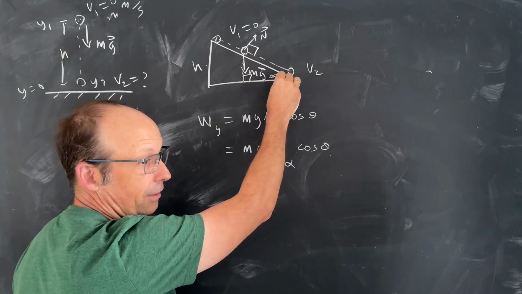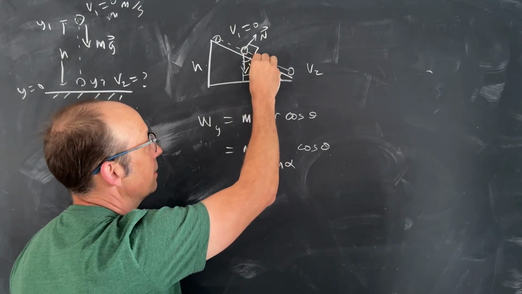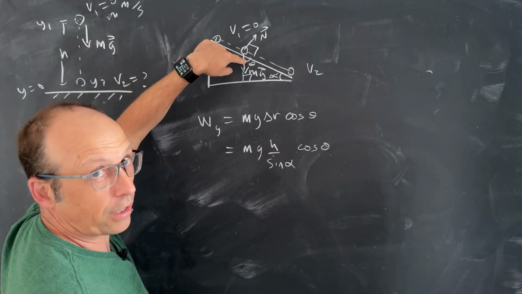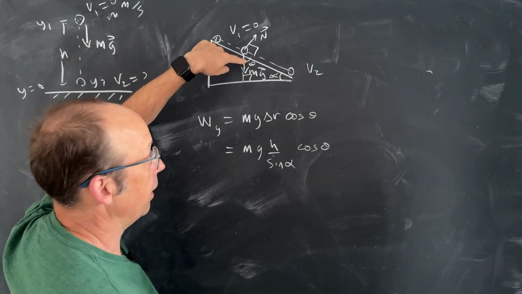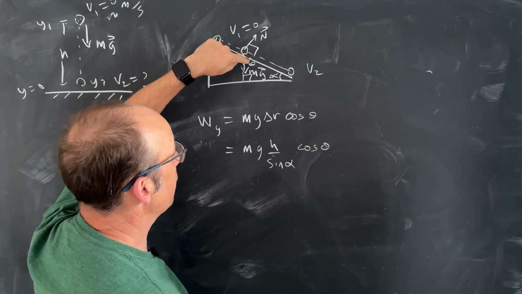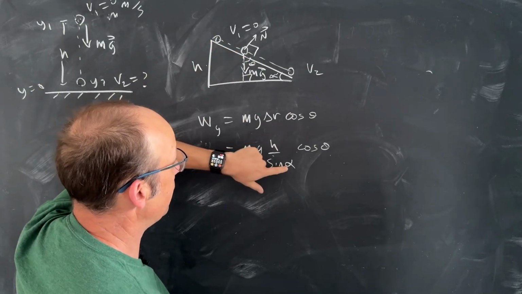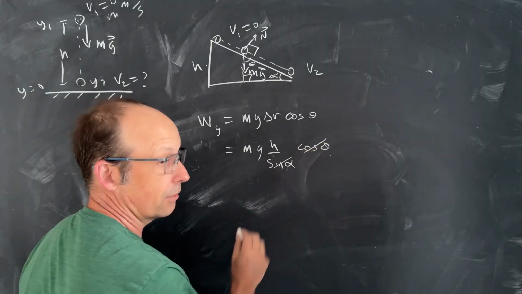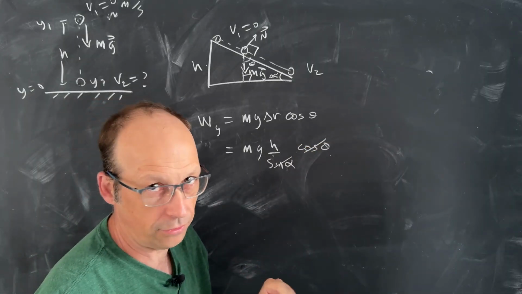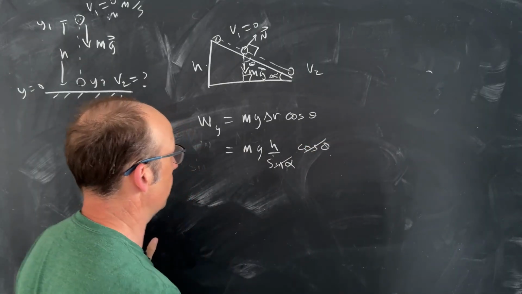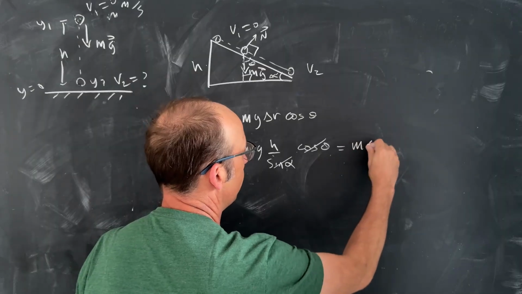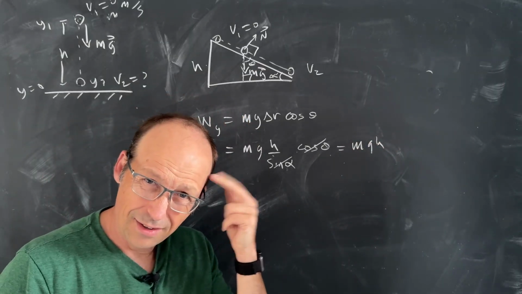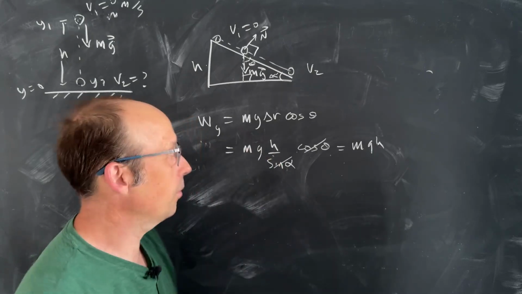That's alpha, that's theta. Theta is the angle between the direction it moves, right? So if I want to take the cosine of theta, that's the same as the sine of the complement. So these two terms cancel. If you put in numerical values and you don't believe me, you can do it. So I get the work done by gravity is mgh.